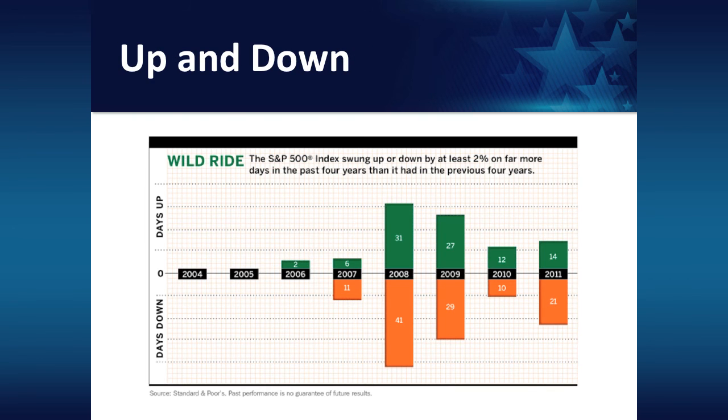I want to put this up there because this is positive 2% days, negative 2% days, year over year. So what happens when deleveraging occurs? It's tied with a secular bear market. A secular bear market is tied with volatility because there is no direction that we can understand.